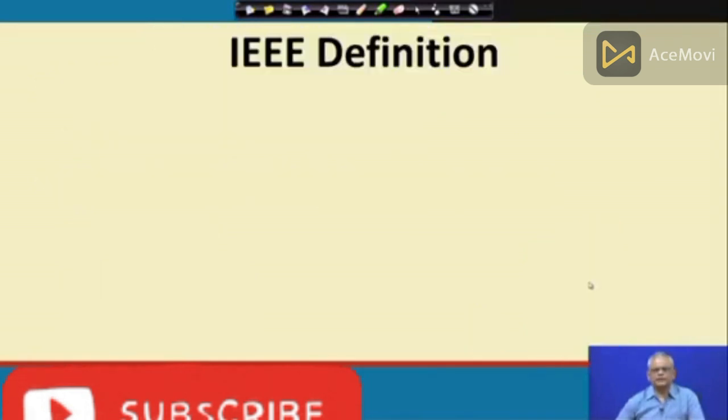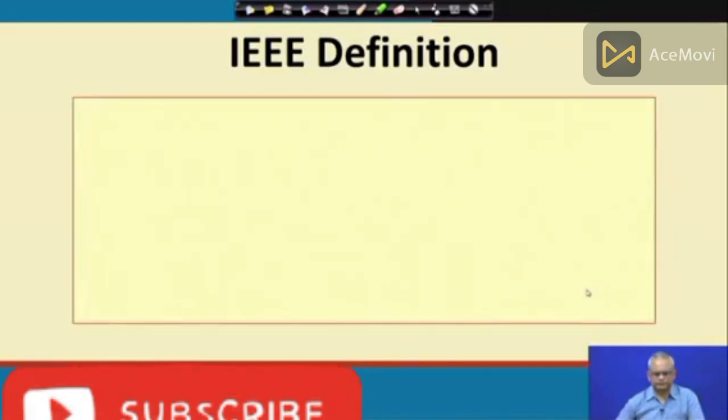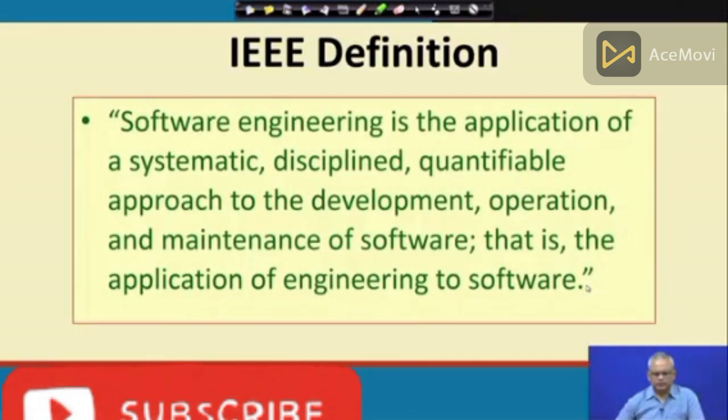Now, let us look at the IEEE definition of what software engineering is. The IEEE definition is: software engineering is the application of a systematic, disciplined, quantifiable approach to the development, operation and maintenance of software, that is, the application of engineering to software.